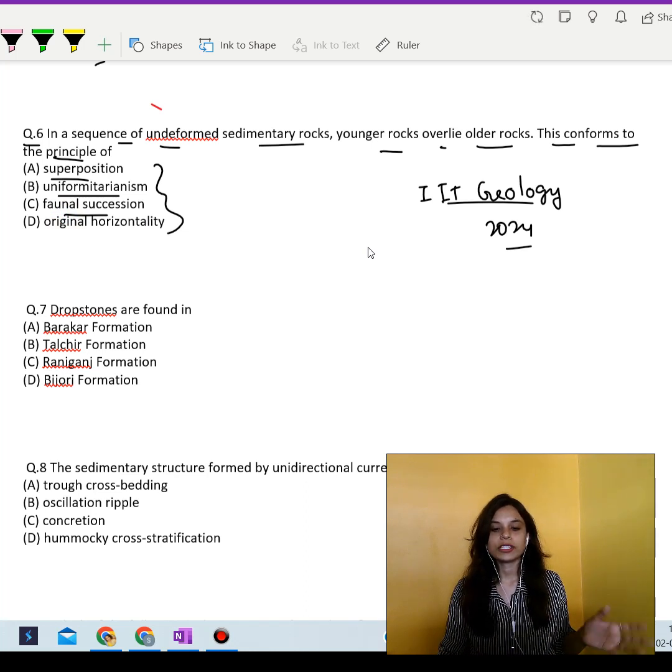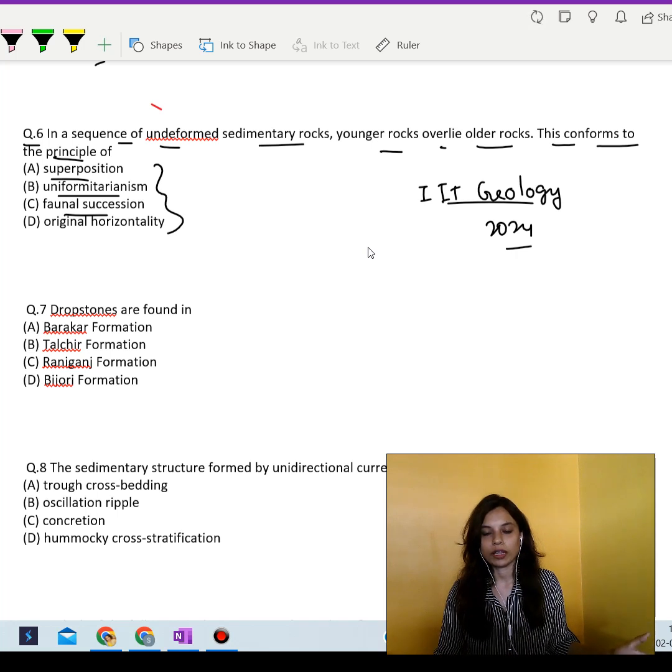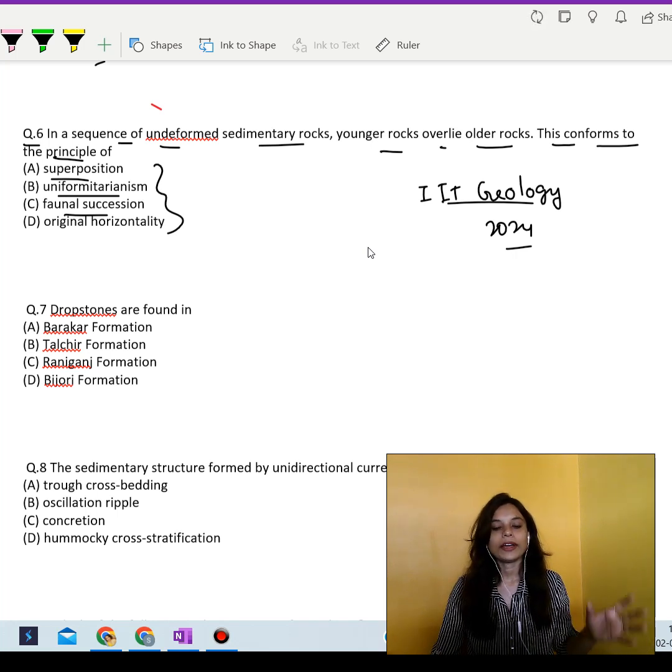It's the principle that states that fossil organisms succeed one another in a definite and determinable order. While this principle can help in relative dating of rocks, it doesn't specifically address the order of sedimentary rock layers as described in the question above.